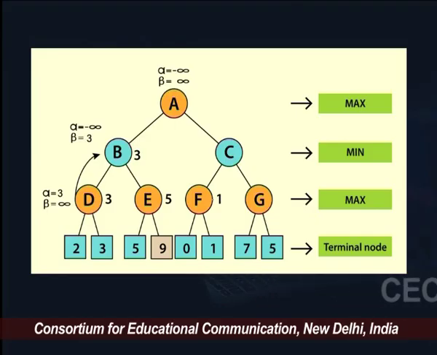At the max ply we update the value of alpha, and at the min ply we update the value of beta. This is the rule we need to take care of. At D, the max ply, we have the value 3, the maximum of 2, 3. Now alpha is the max of the original alpha, minus infinity, and the node value, which is 3.